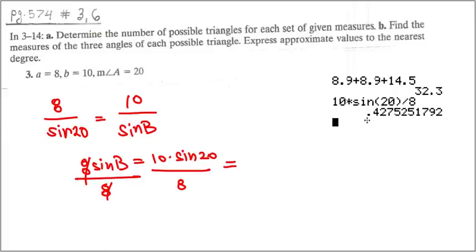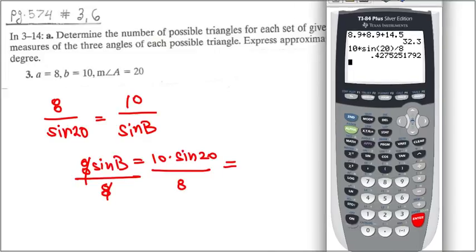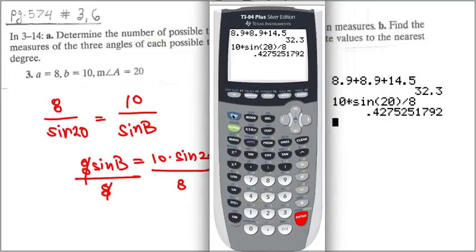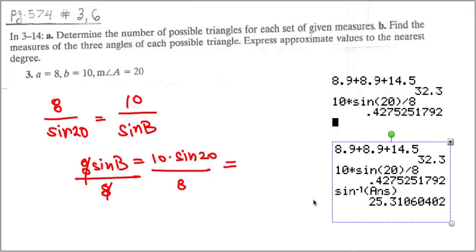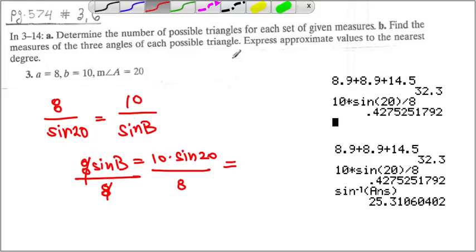So sine of B would have been this one. Therefore, in order for you to find the measure of the angle B, what we need to do is put the inverse sine and then the answer. So the measure of the angle seems to be 25 degrees.